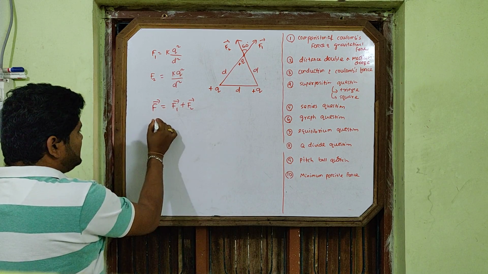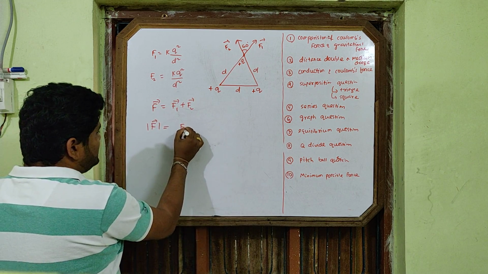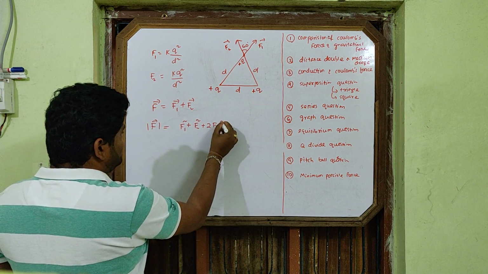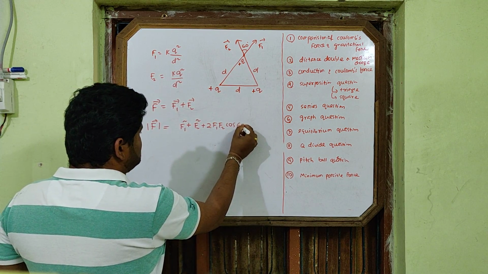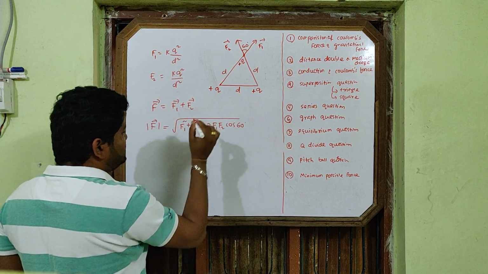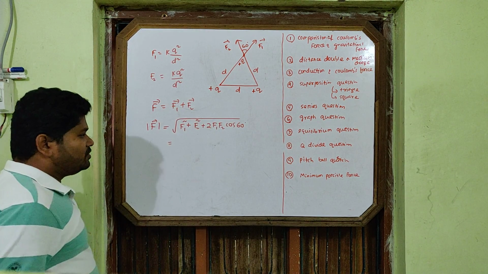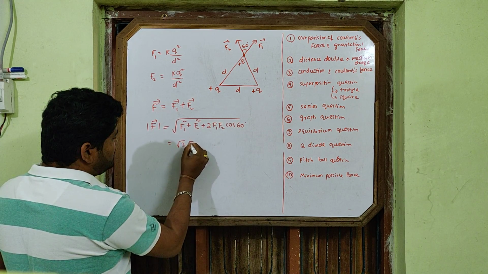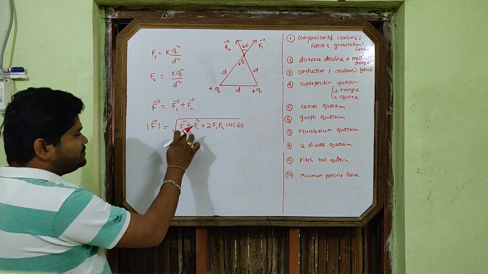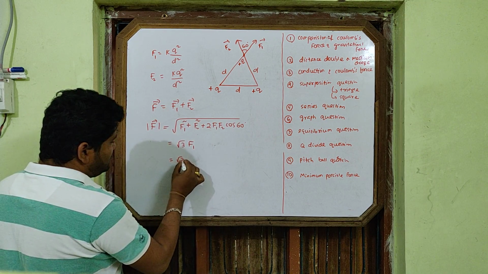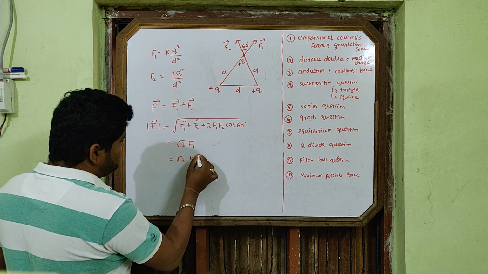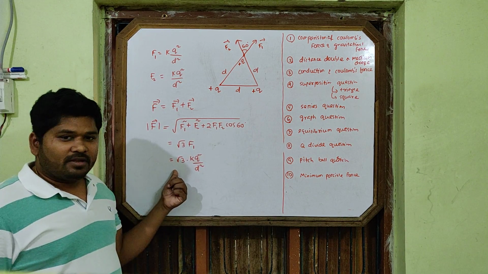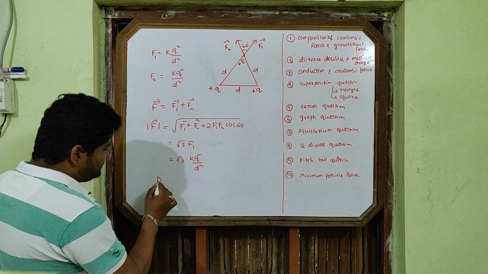To find the magnitude of F, use the triangular law, which you remember from class 11: root over F1 square plus F2 square plus 2 F1 F2 cos 60. As both are the same, you will get root 3 F1. So the answer is root 3 K Q square by D square. And what is the direction of the force?